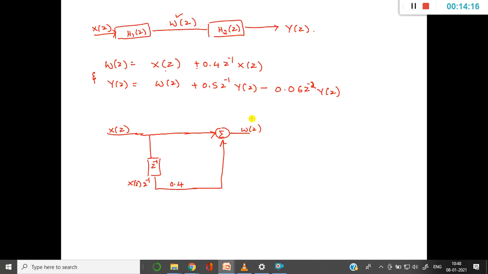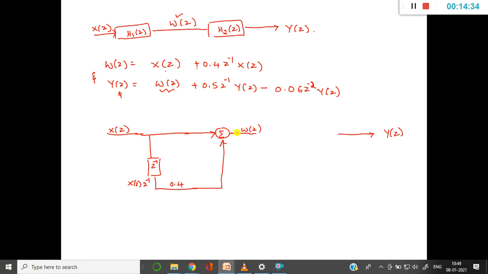Fine. Now from W(z) I need Y(z). So now this W(z) is acting as an input to obtain Y(z). W(z) is an intermediate stage, as I already told you.